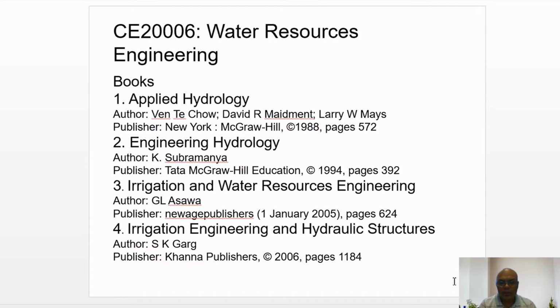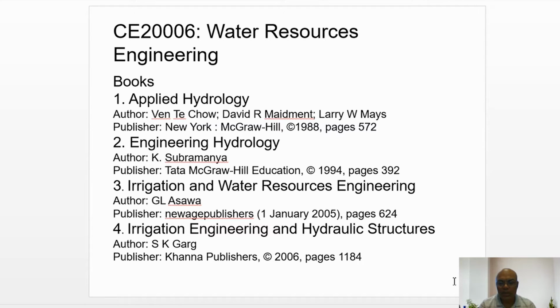These are the books for the water resource engineering course. Mostly I am following Applied Hydrology, authored by Ven Te Chow, David Maidment, and Larry Mays. This book is published by McGraw-Hill. It is a 572-page book, and this is the main book we are following in this course.